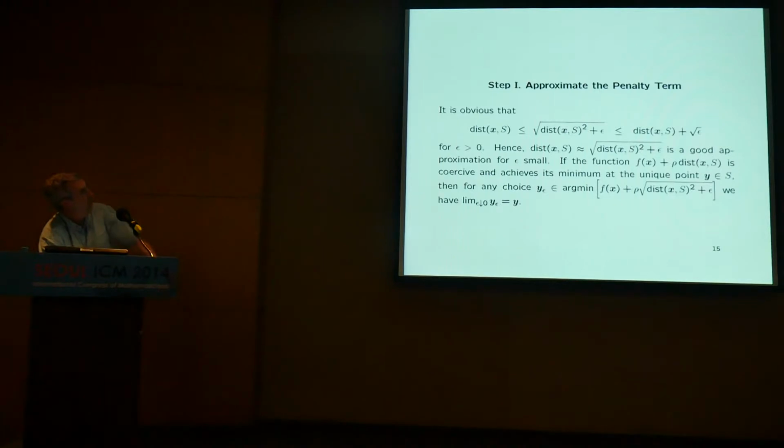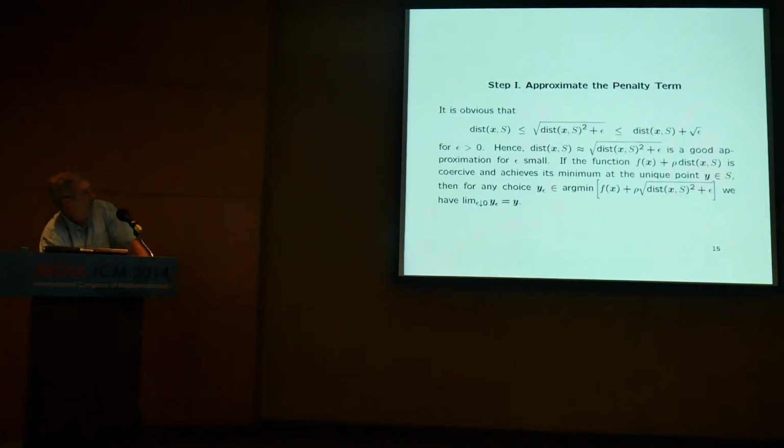The double inequalities here show that this square root of the distance squared plus a small epsilon satisfies these bounds and should be close to the distance function for epsilon small. That's just obvious. So the first thing is we substitute for the distance function this smooth version.